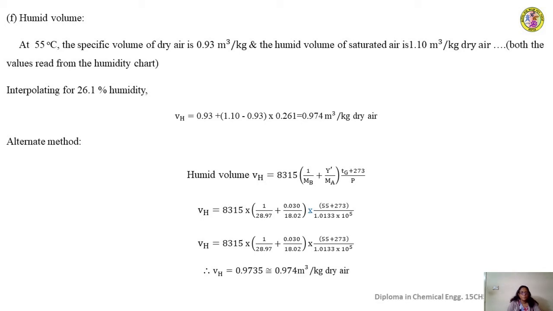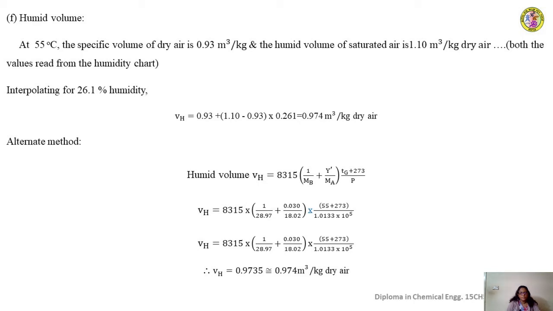To find out the humid volume, there are again two methods. In one method, interpolating can be done for 26.1% humidity. So 0.93 represents the specific volume of dry air.